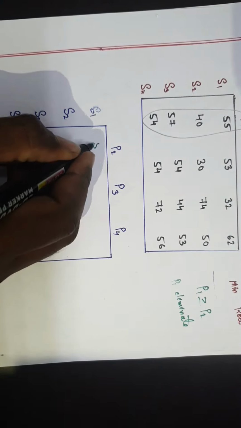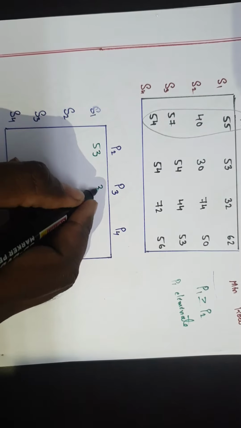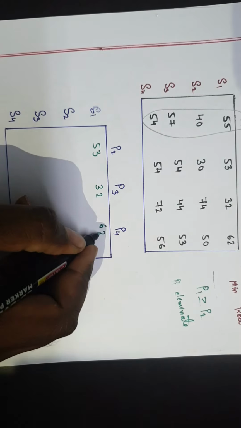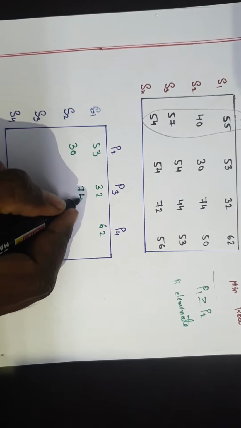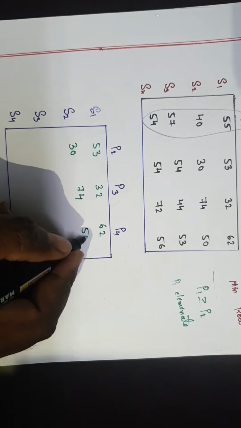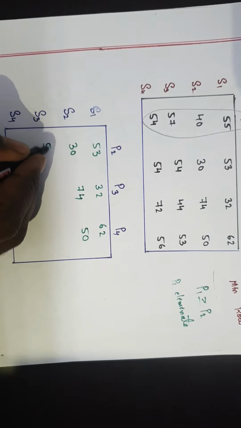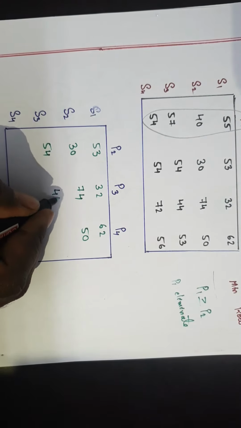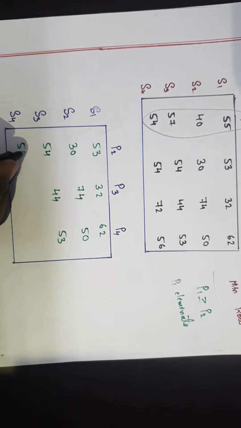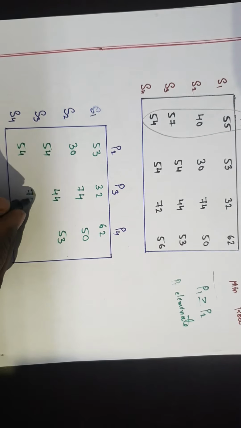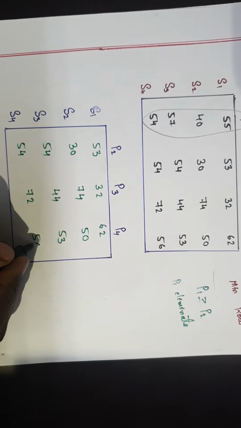This row is 53, 32, 60, then 30, 74, 50, next 54, 44, 53, and next 54, 42, 56.